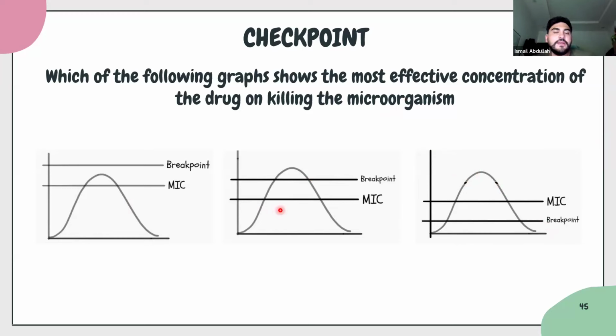But my point, for example, let's say I'm confused between A and B. Why would you say that the answer is B? C we're excluding because the MIC should be lower than the breakpoint. That's correct. But it's asking about the most effective concentration of the drug on killing the microorganism. So what do you think?